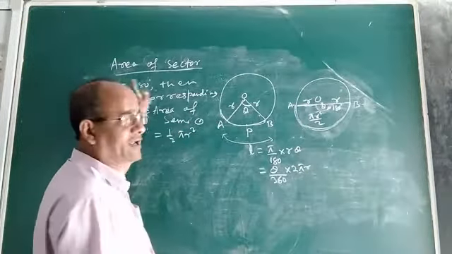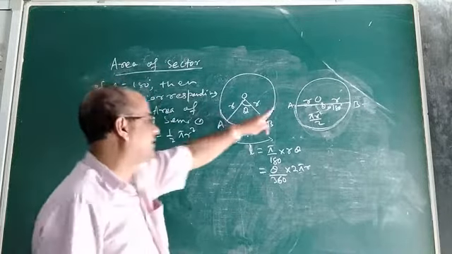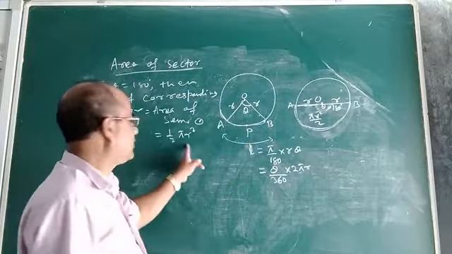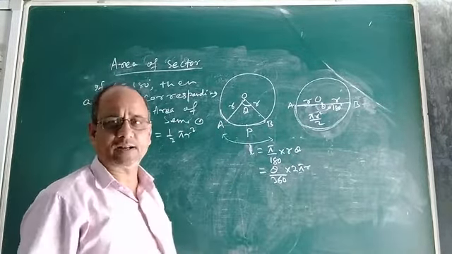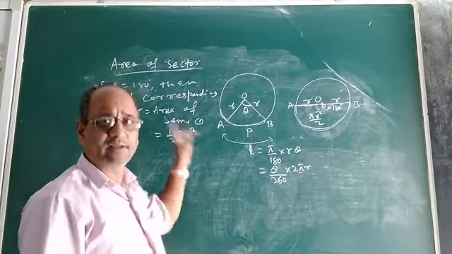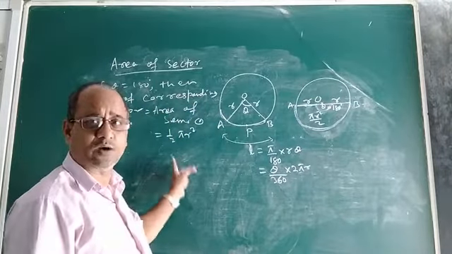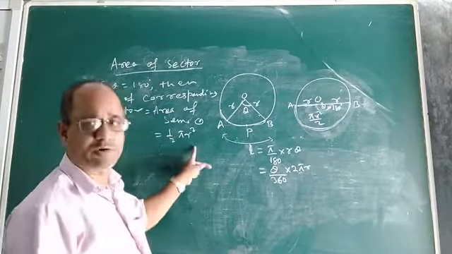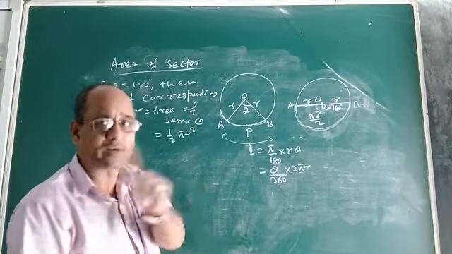So, when the sector angle theta is 180 degrees, then the area of the corresponding sector, that is the semicircle, is equal to half pi r square. Now the point is, what will happen if the sector angle is theta instead of 180 degrees?